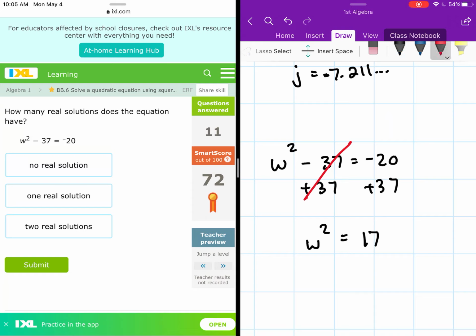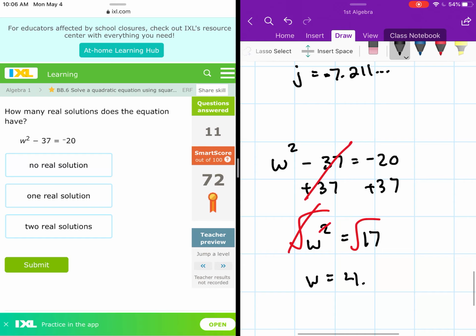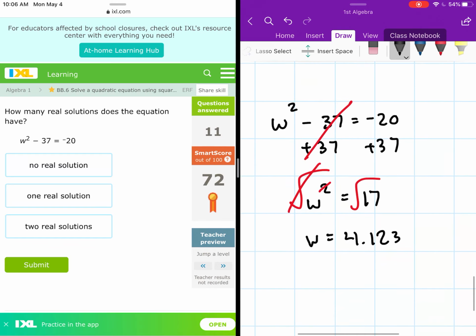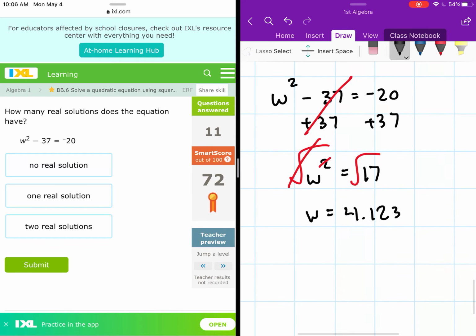Okay, now just as before, because it's not asking us for an answer, we don't really need to check for the exact number. But once we take the square root of 17, that is going to give me 4.123. Now I'm just typing these onto my phone's calculator.